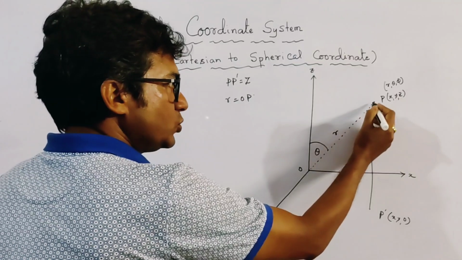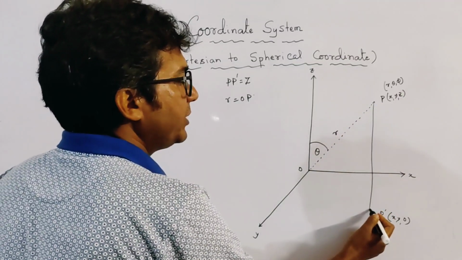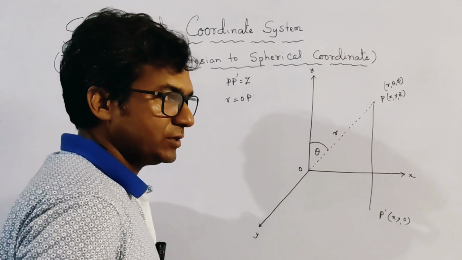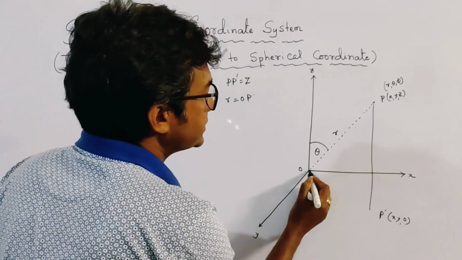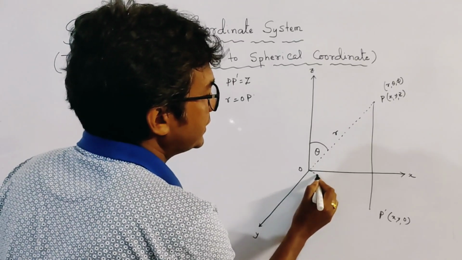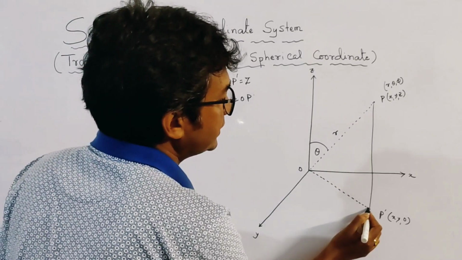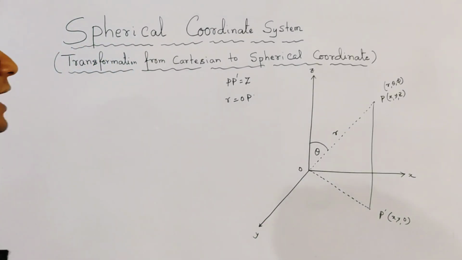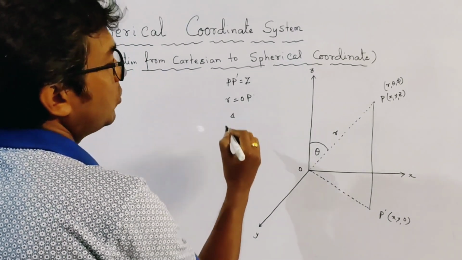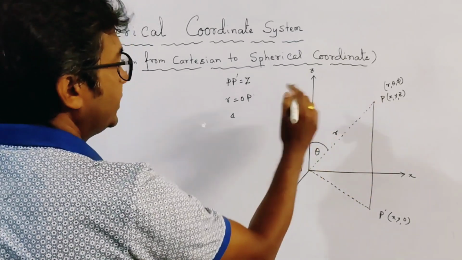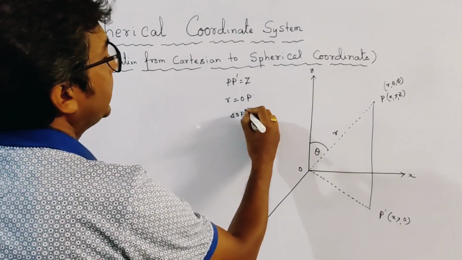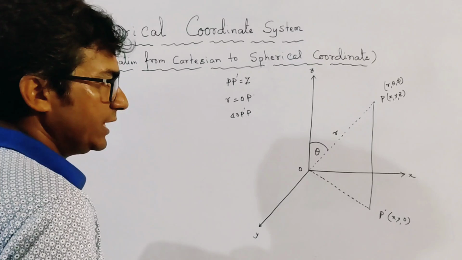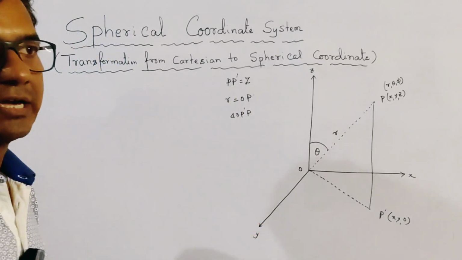Since we project the point P onto P dash on the xy plane, we see OP dash, and triangle OP dash P is a right angle triangle.